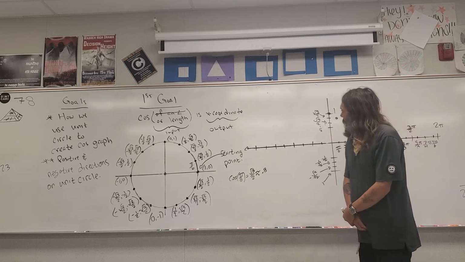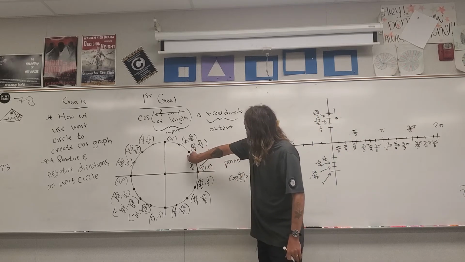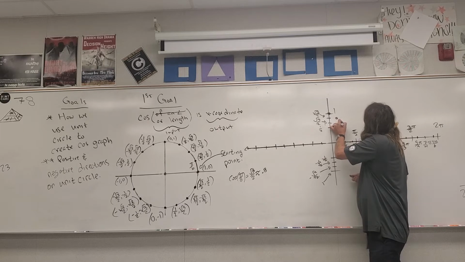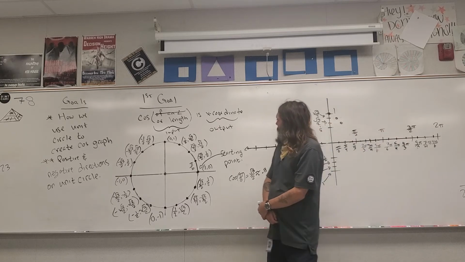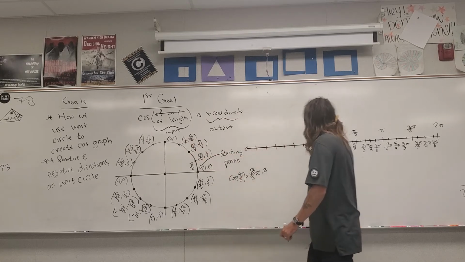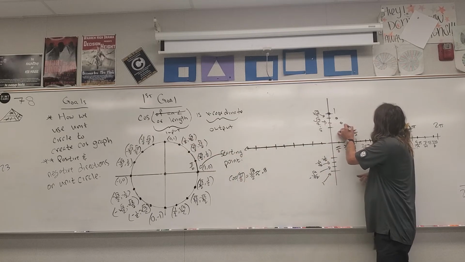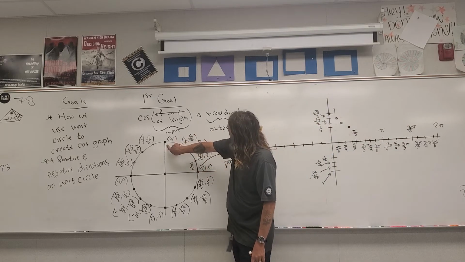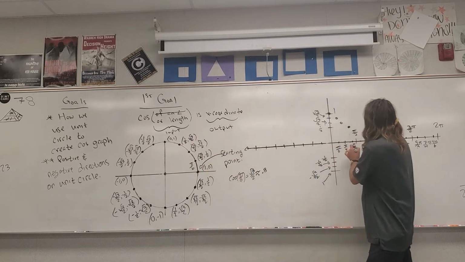When I've gone a length of pi over 4, I have a height of square root of 2 over 2. When I've gone a length of pi thirds, I have a height of 1/2. When I've gone a length of pi halves, I have a height of 0.